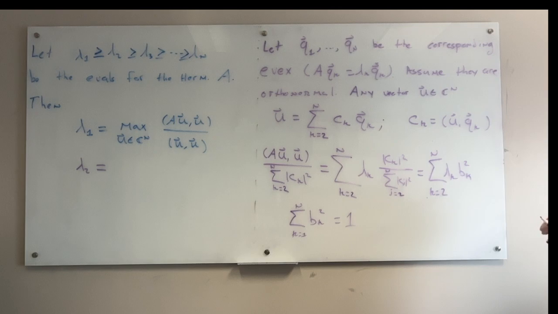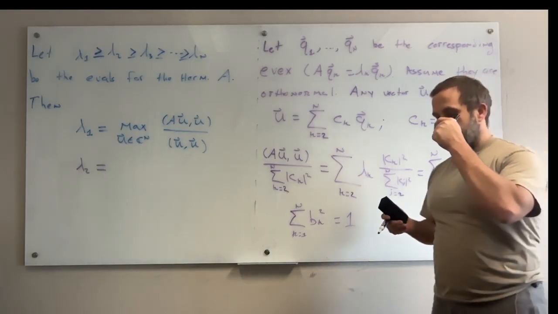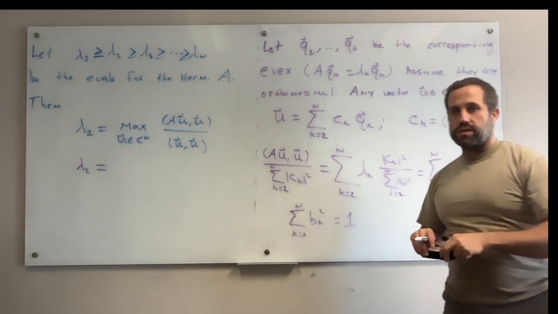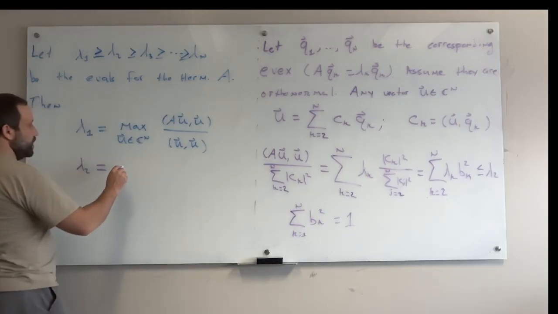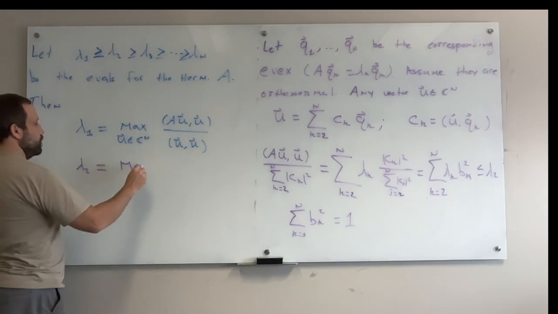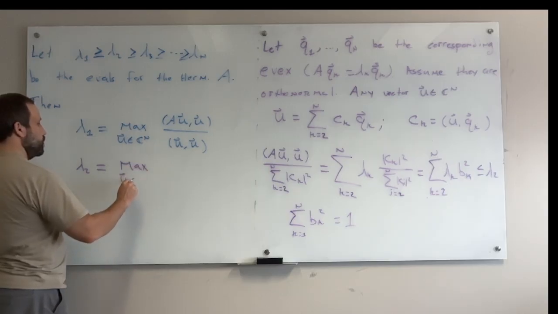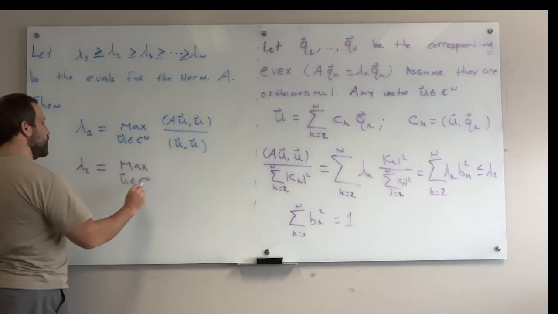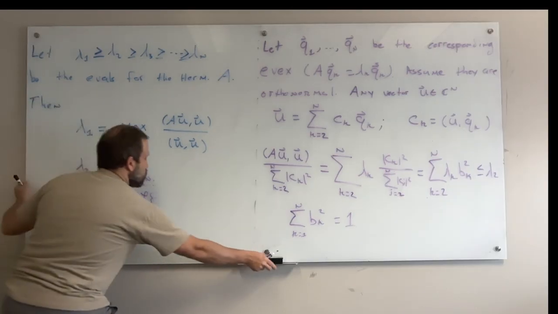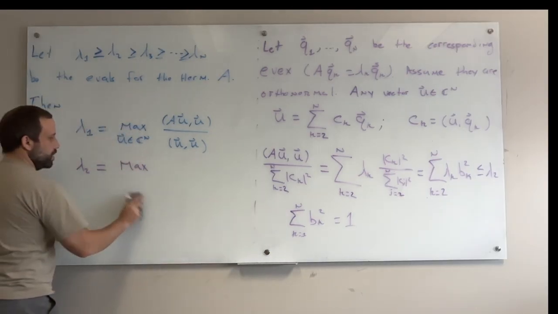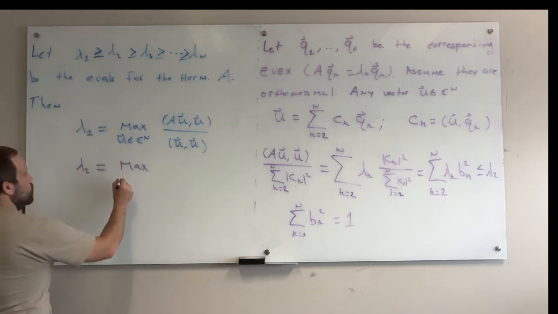And we're going to show that this is in fact less than or equal to lambda 2. And if we wanted it to be equal to lambda 2, we just choose c3, c4, and so on and so forth equal to 0. Okay, so now what this tells us is that lambda 2 is the max of u in the linear span of q2 to qn, where we're only going to look at u in that span, not u in Cn, that's going to be a confusing way to put it.